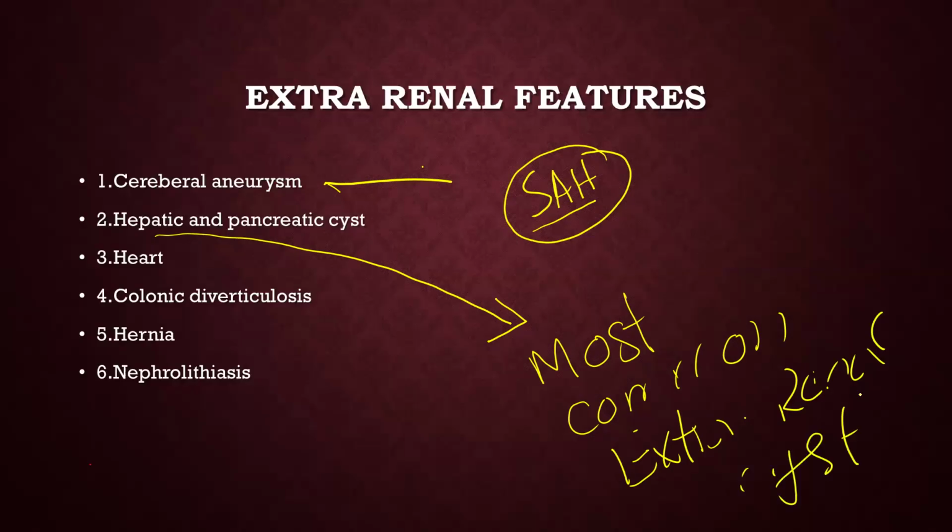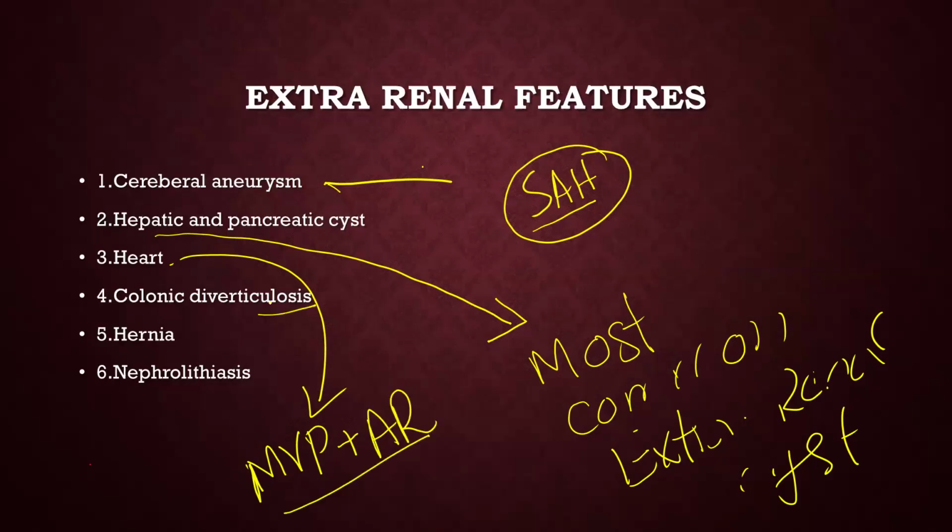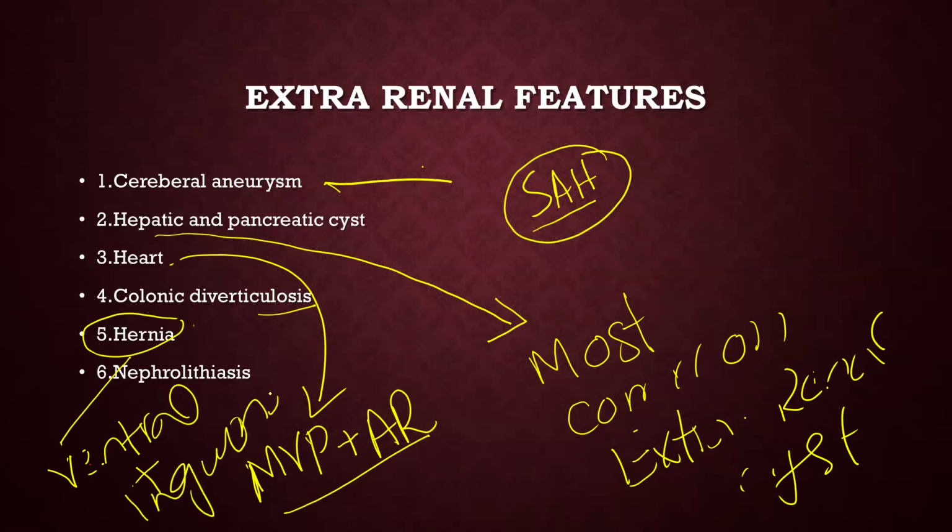Okay, so heart: mitral valve prolapse and aortic regurgitation. Chronic diverticulosis, ventral and inguinal hernia, and nephrolithiasis, most commonly uric acid.